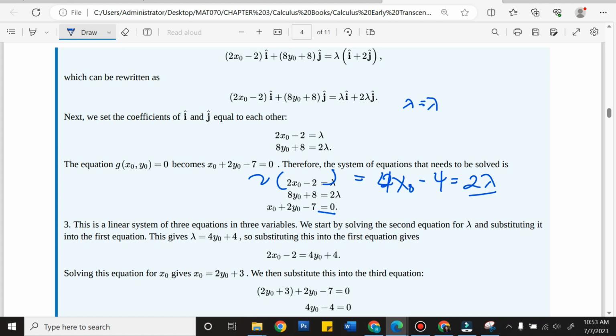So, I will have 4x sub o minus 4 is equal to 8y sub o plus 8. Sorry, y sub o.